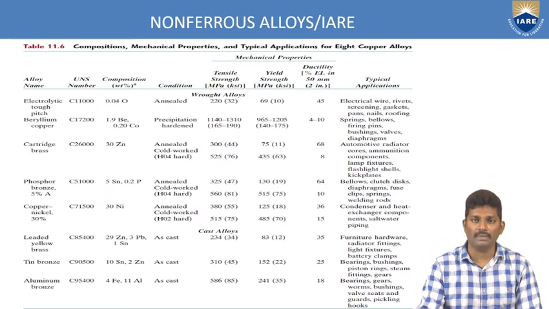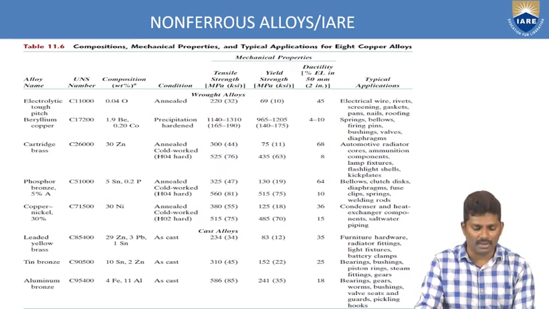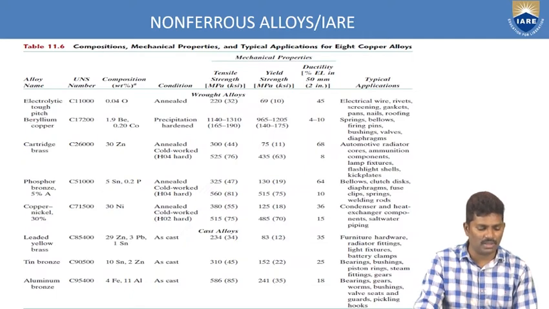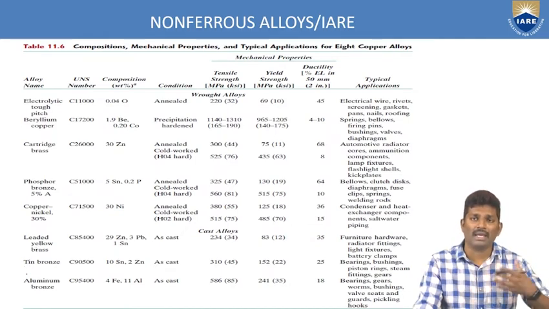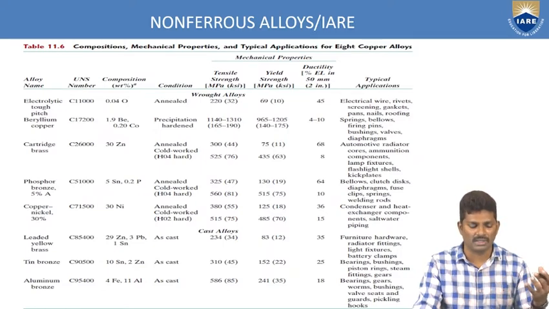And again, if you see the copper alloys, you have different types: electrolytic tough pitch, beryllium copper, cartridge brass, phosphorus bronze, copper nickel, lead yellow brass, tin bronze, aluminium bronze. Depending upon the composition weight percentage, these copper alloys are classified into different categories.